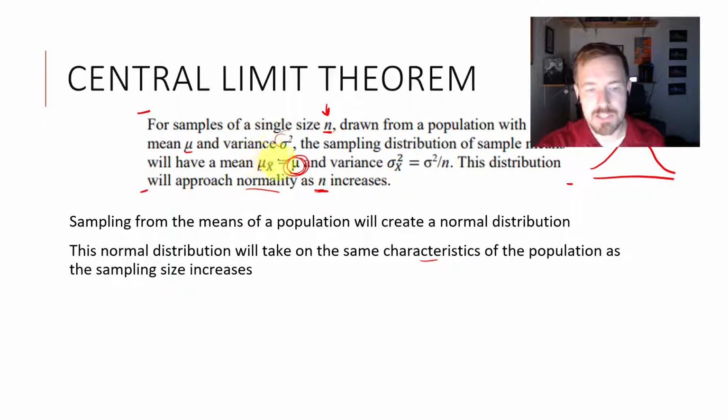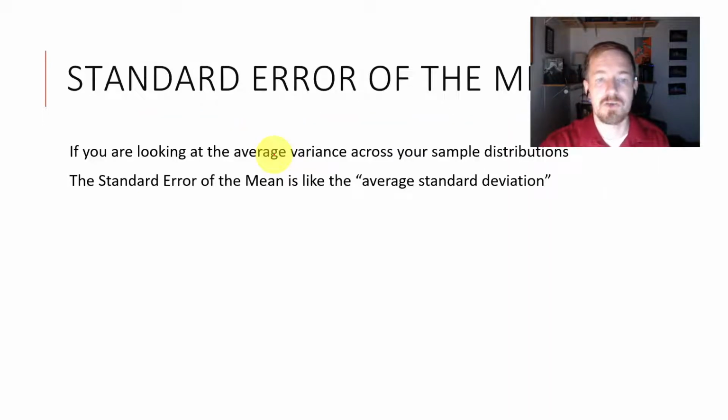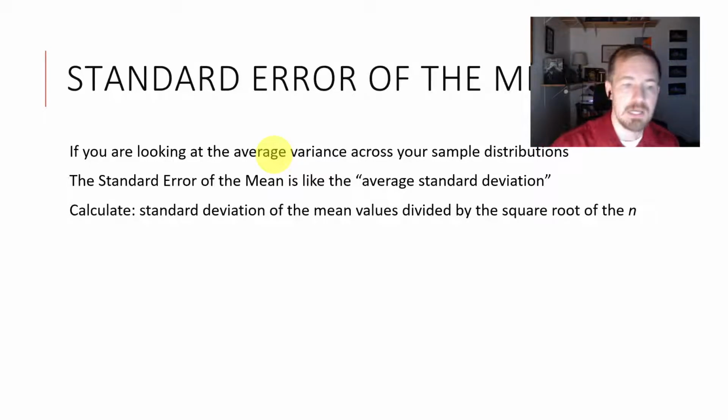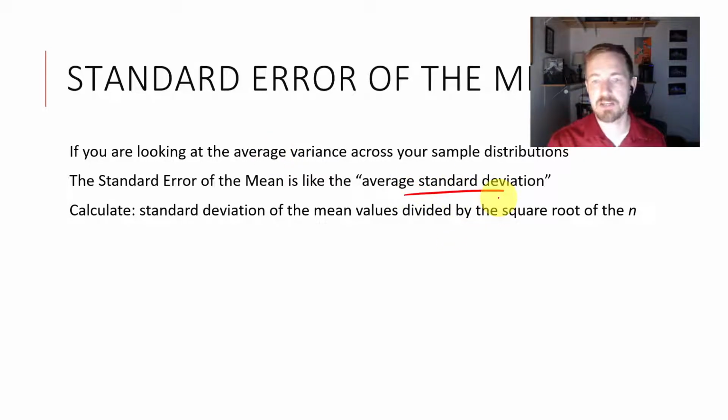We would just usually say the sampling mean. But the standard deviation or the variance of the sampling distribution is referred to as the standard error of the mean. You can think of that as the average or the most common standard deviation of all of your samples that you have collected.